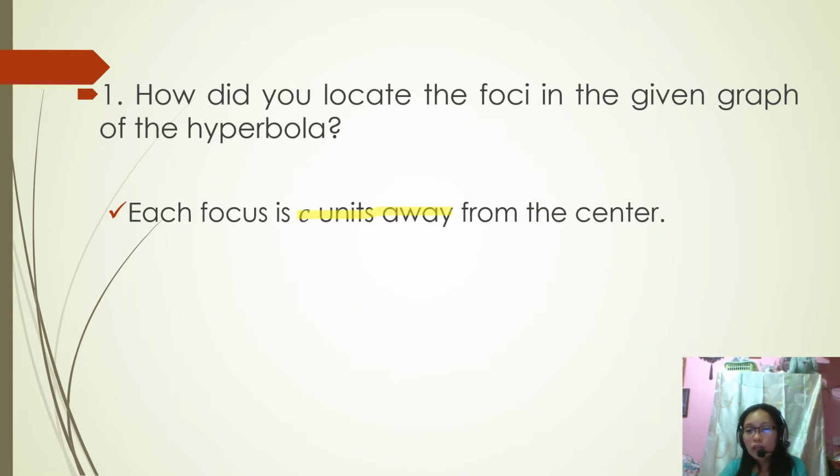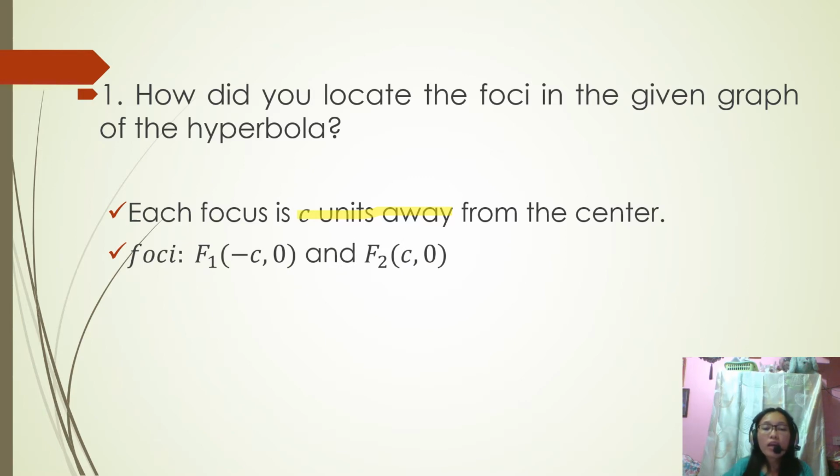Always yun na nga ang letter nga atong gi-associate kay focus is C. Okay? Do not forget, focus is C. So, we have f sub 1 is negative C, 0 and f sub 2 is C, 0. Of course, if the center is at 0, 0. But if the center is at (h, k), then the y value is changed.